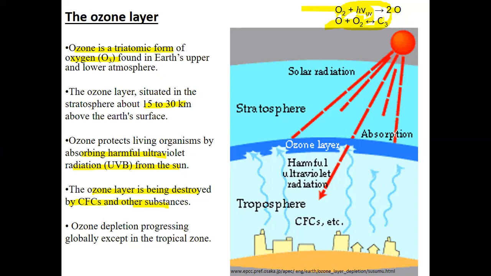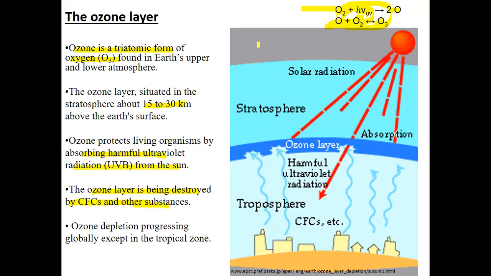That means if these ozone molecules are not available, the UVB radiation will be incident on the Earth's surface. Then what happens? Humans and other life forms can be damaged totally.